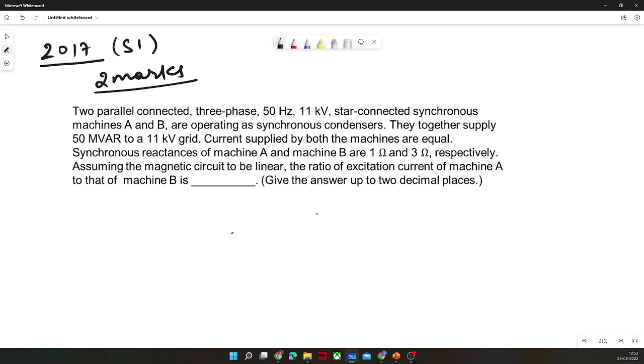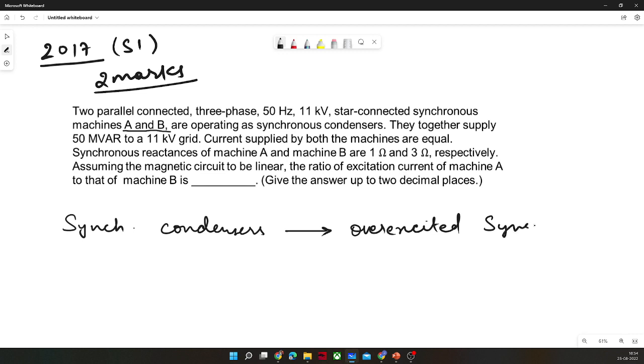So two parallel connected three-phase star connected synchronous machines A and B are operating as synchronous condensers. So synchronous condensers, whenever you see, it will be overexcited synchronous motors. What does it mean?